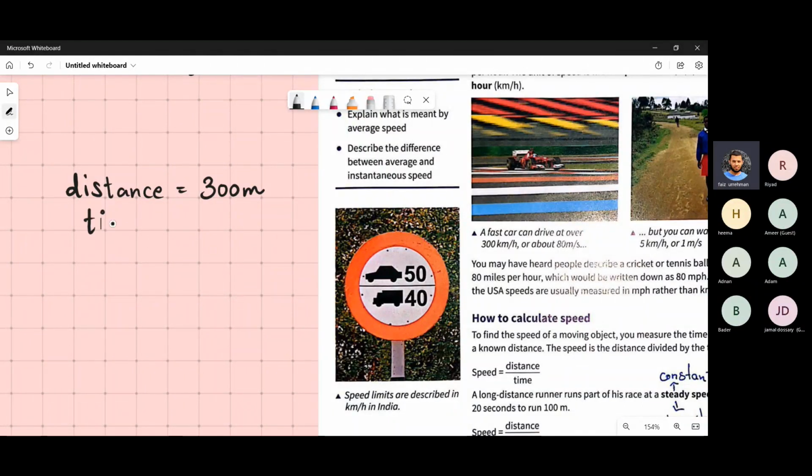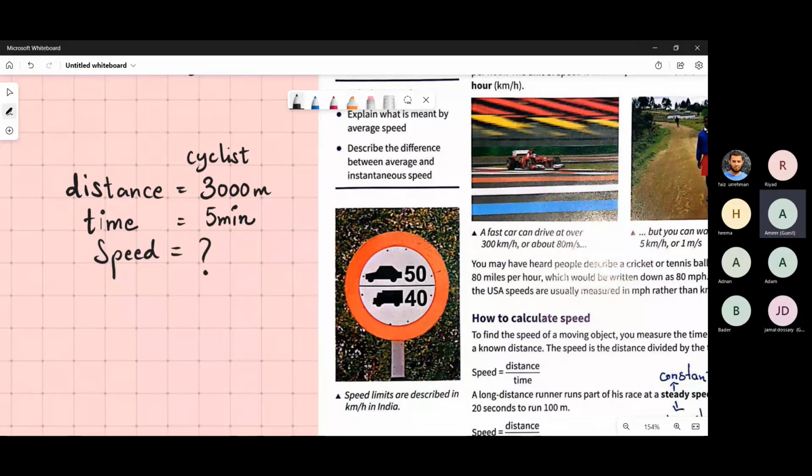And the time taken, okay, time taken was like, not 300, let's say 3000. Okay, 3000 meters distance traveled by a cyclist. Okay, 3 kilometers, and he took 5 minutes. Now we want to find his speed. So speed is equal to distance over time.